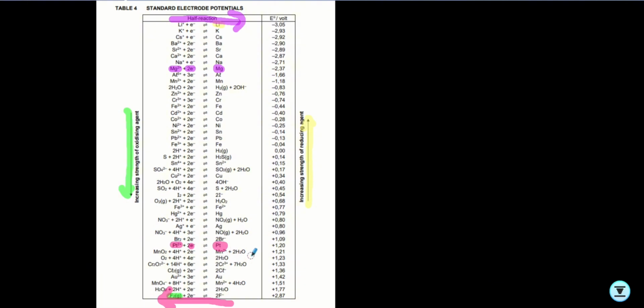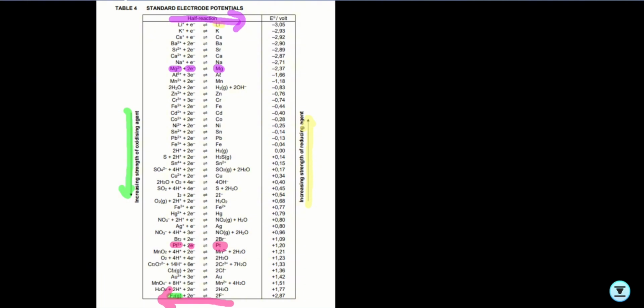Platinum 2+. So that's essentially how you read it right and left. Now that we have a basic understanding of that, let's understand how spontaneous and non-spontaneous reactions work. For a spontaneous reaction to happen, you're going to need a very strong reducing agent paired with a very strong oxidizing agent. That's the basic premise as to how that works.